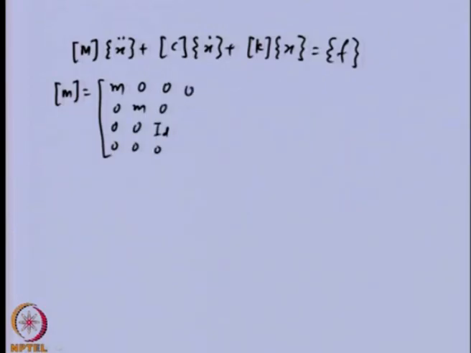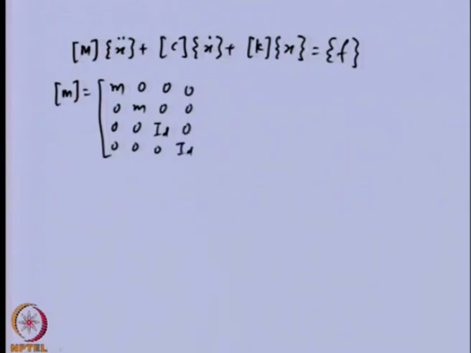So, these equations we can put in a matrix form like this: mass matrix, damping matrix, and then stiffness matrix is equal to the external force, which is due to the unbalanced force. And the form of the mass matrix for this case will be like this. It depends upon how we have stacked the displacement vector.